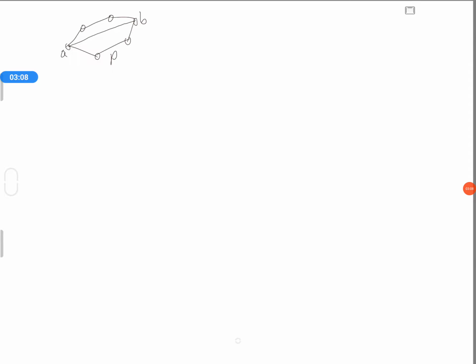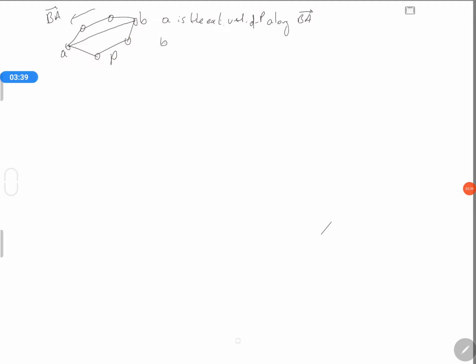So combining these two ideas, we can immediately see that A is the extremal vertex of P along the direction BA, along the vector BA. And that is obvious in this drawing. And similarly, if I take this direction from B to A, this is the BA vector.